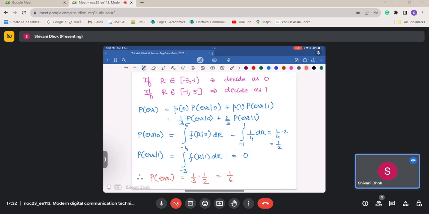This kind of analysis gives you a better understanding of how to find probability of error. Once you know the formula you can just substitute the values. However, understanding such basics is more important, so that if you forget the formula on the spot you can work it out quickly.